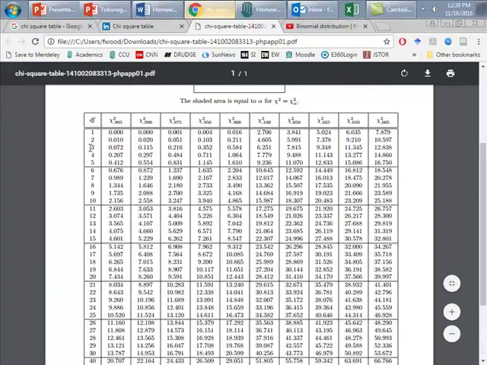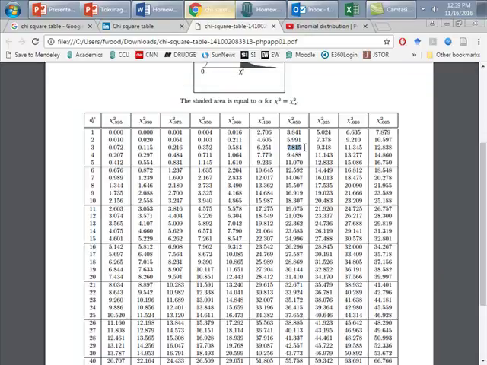So 3 degrees of freedom for 0.05. So 3 down from 0.05, 7.815.